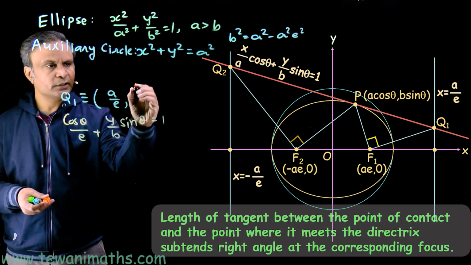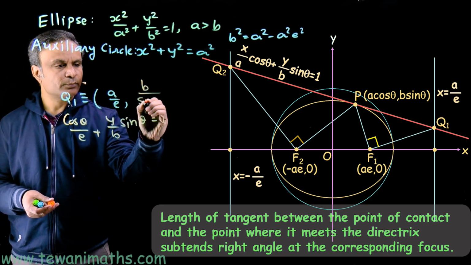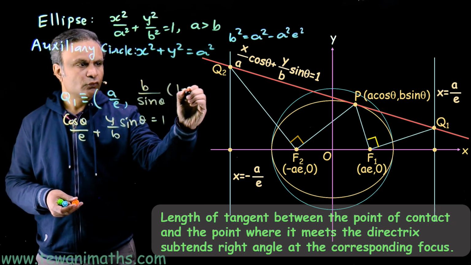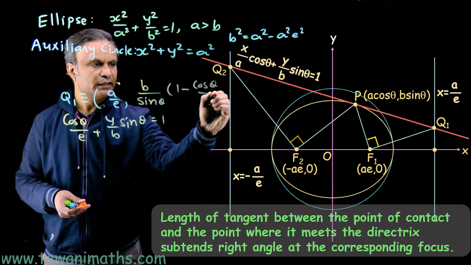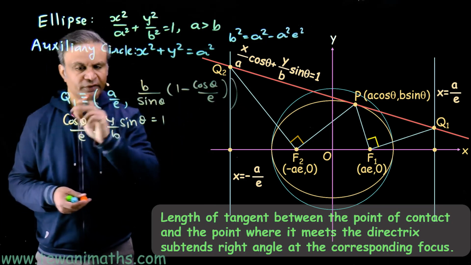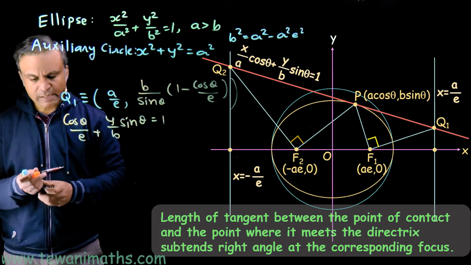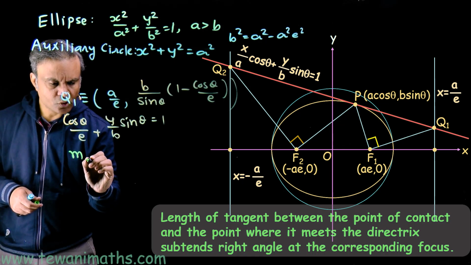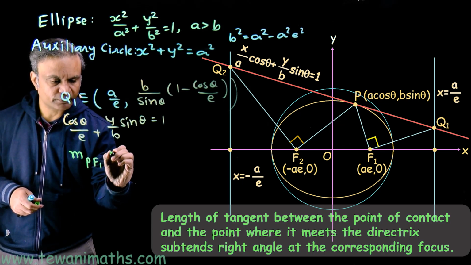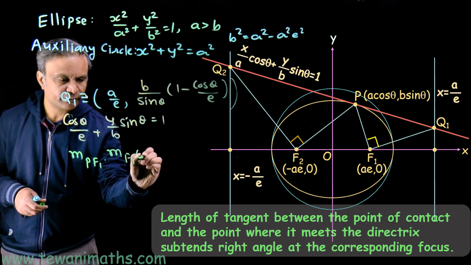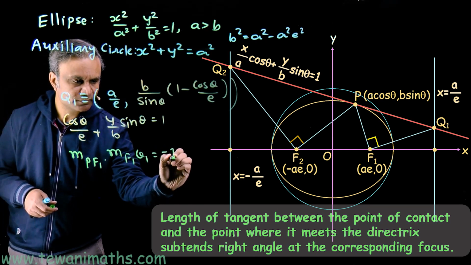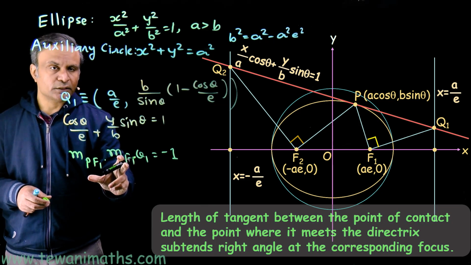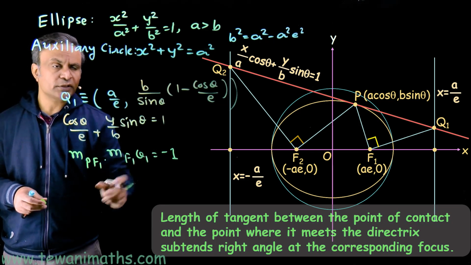The ordinate will be b upon sin theta multiplied by 1 minus cos theta upon e. So we have here the coordinates of point Q1. Now our target is the slope of PF1 multiplied by the slope of F1Q1 is -1. We have to prove that the product of the slopes of these two lines is -1.